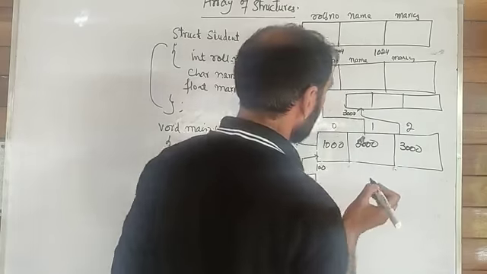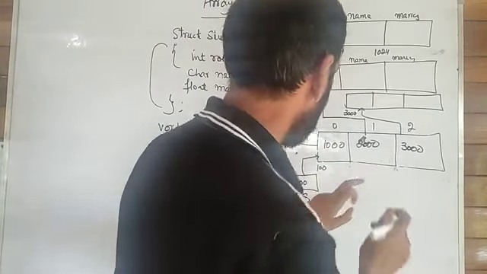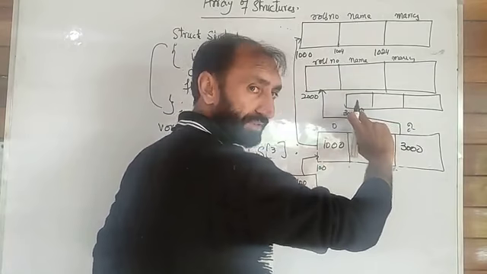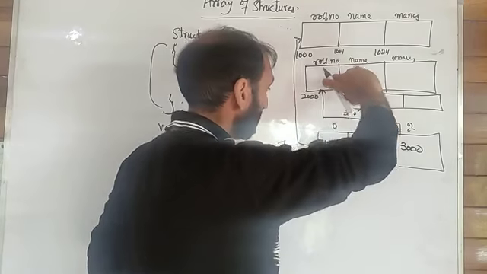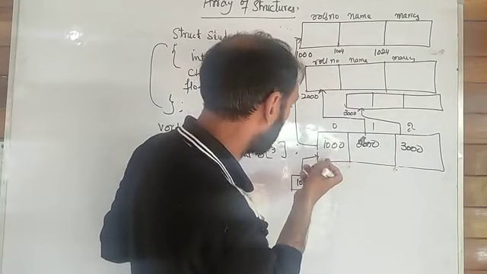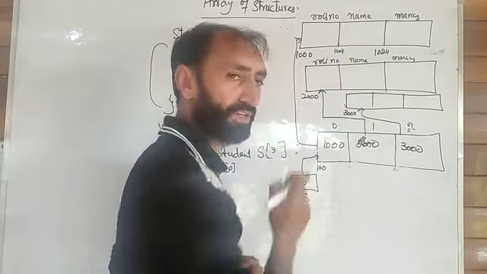Now we can say that this location S of 2 is pointing to this, S of 1 is pointing to this, and S of 0 is pointing to this location.